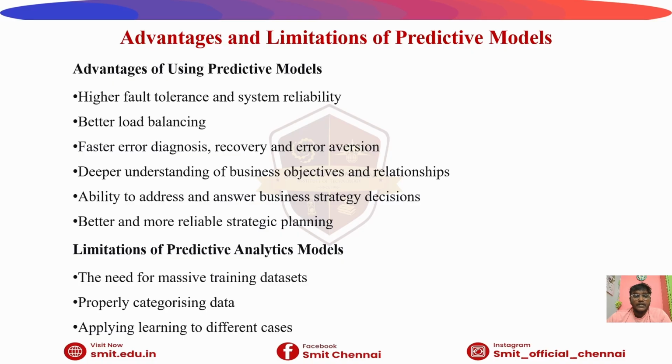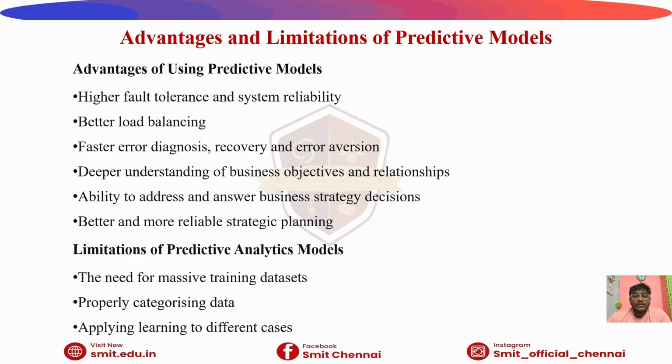Third, applying learning to different cases. A model trained on one population or time period may not generalize to another. This is called overfitting or lack of generalizability. Other limitations are models can perpetuate historical biases.